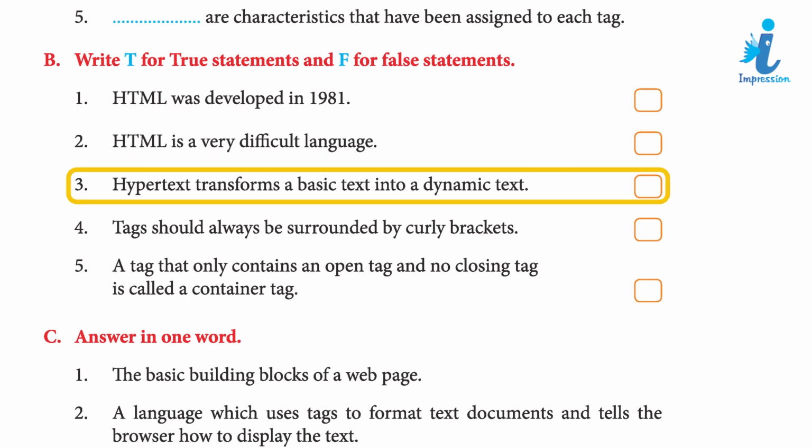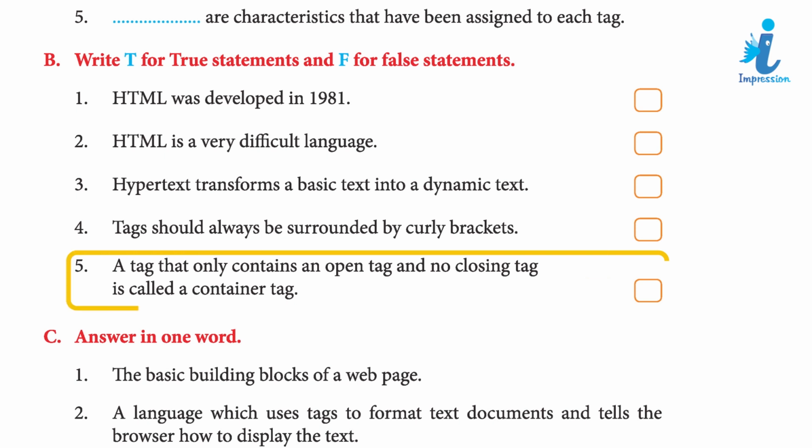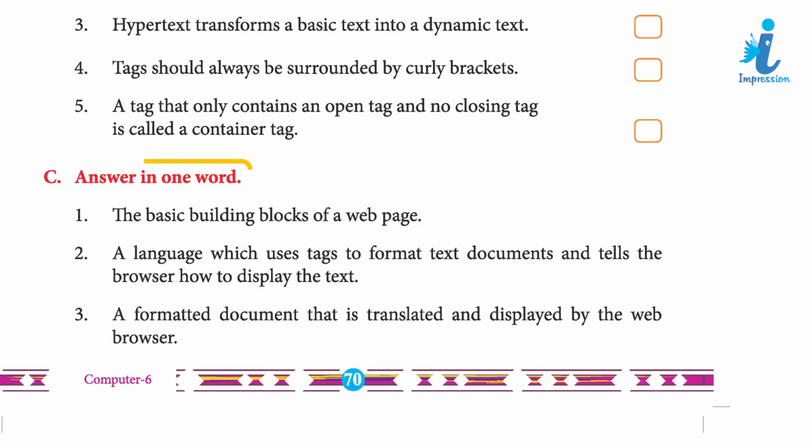Hypertext transforms a basic text into a dynamic text. Answer. False. 4. Tag should always be surrounded by curly brackets. Answer. False. 5. A tag that only contains an open tag and no closing tag is called a container tag. Answer true.